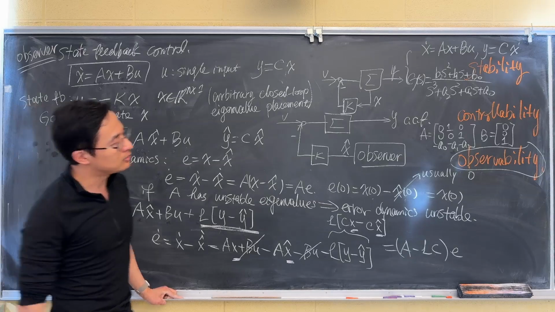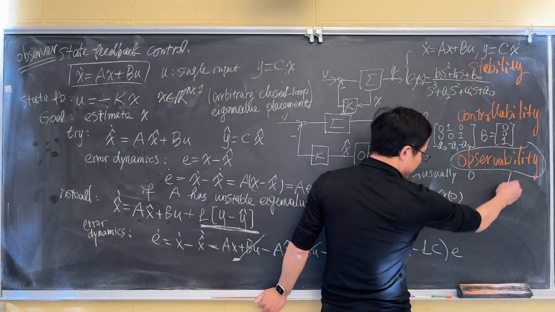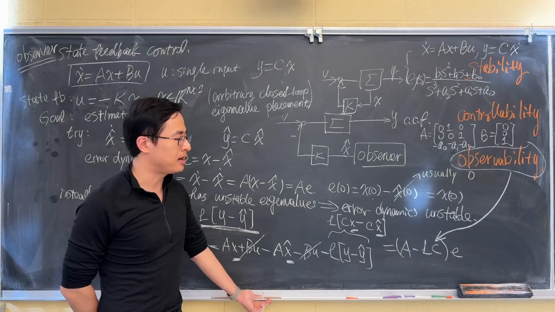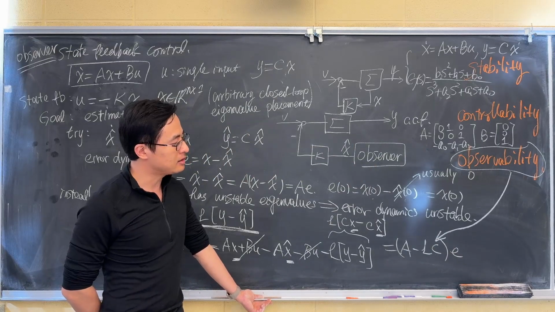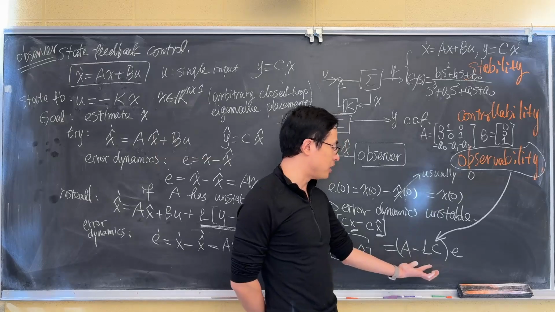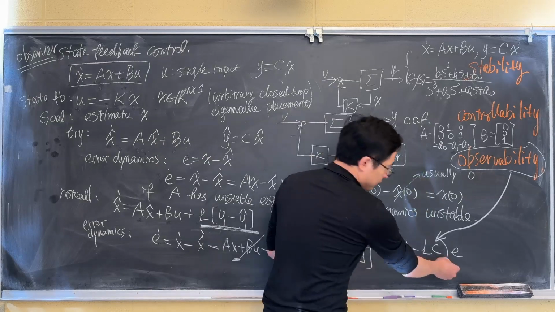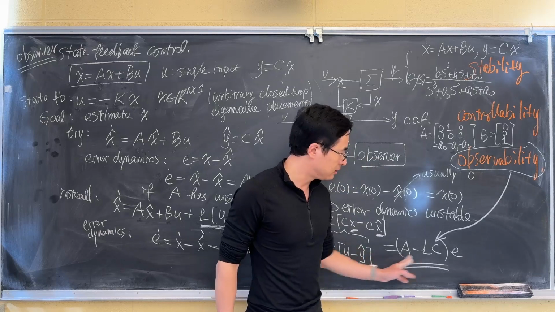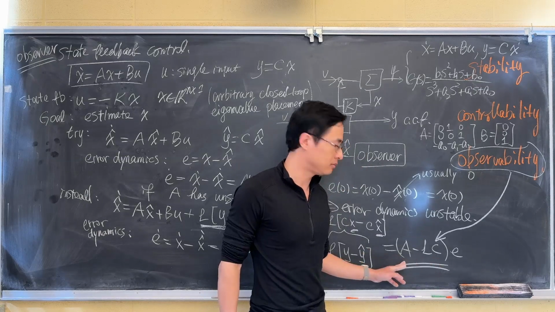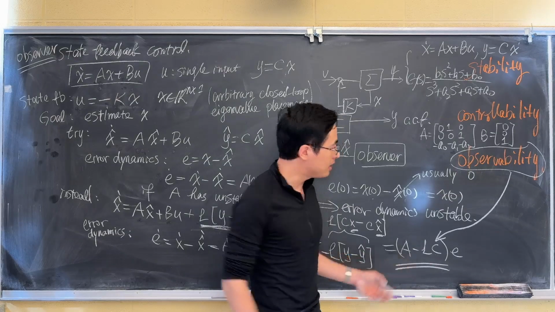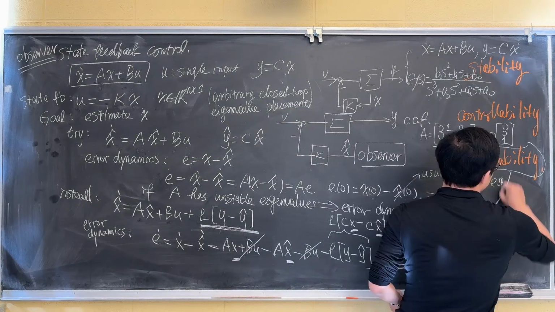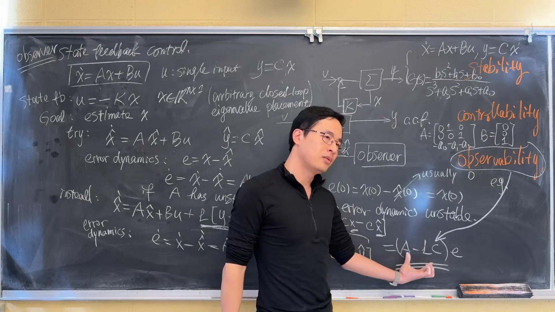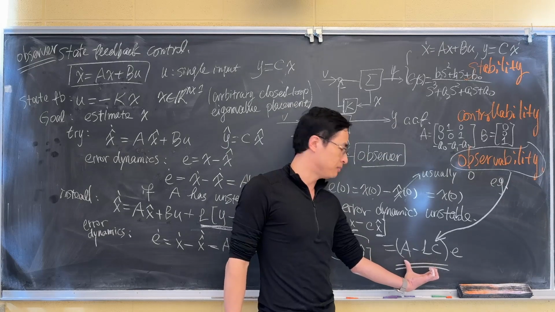Let us now add the observability into the mathematics. Let's now look at, if the system is observable, how freely can we design the dynamics? More specifically, let's talk about when things are in the observable canonical form, how freely can we design this matrix?